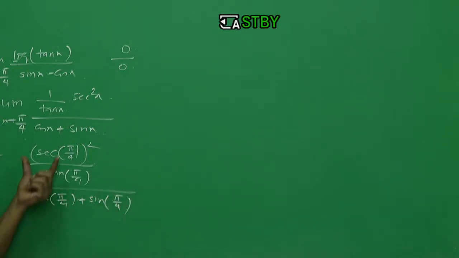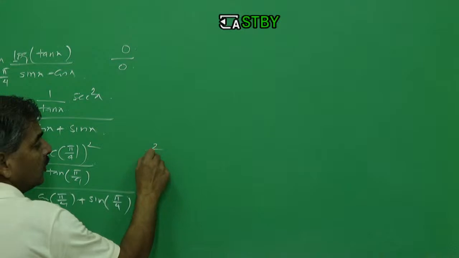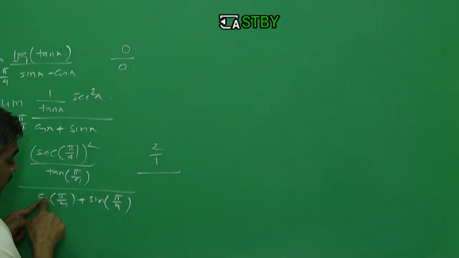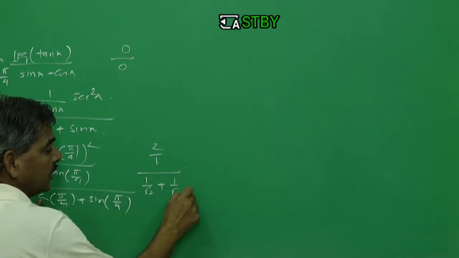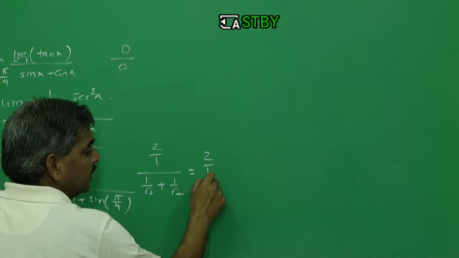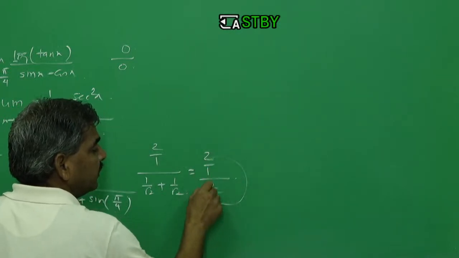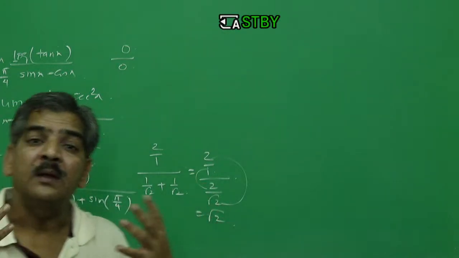Next, sec of pi by 4 is root 2, whole square, that is 2, upon 1, whole upon cos of pi by 4, 1 by root 2, plus 1 by root 2, and that becomes 2 upon 1 whole upon, this is what, 2 upon root 2. Root 2 goes up, 2 goes in the denominator, and that is equal to root 2, and that's what required answer.